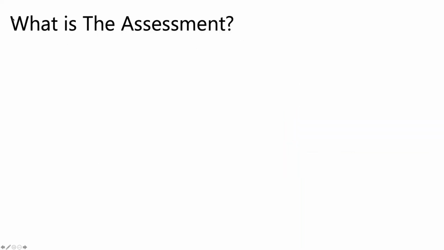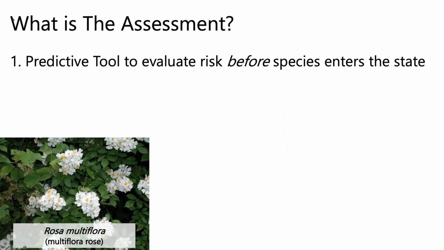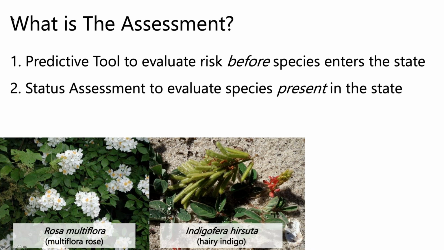But just to talk about the IPC assessment, essentially we have 3 tools, and this is going to be maybe a little repetitive after Tony's presentation. But we use a predictive tool to evaluate the risk before species enter the state. And then we also have a status assessment that evaluates species that are already here. I found the easiest way to describe this is to describe it as diagnosing the invasion.